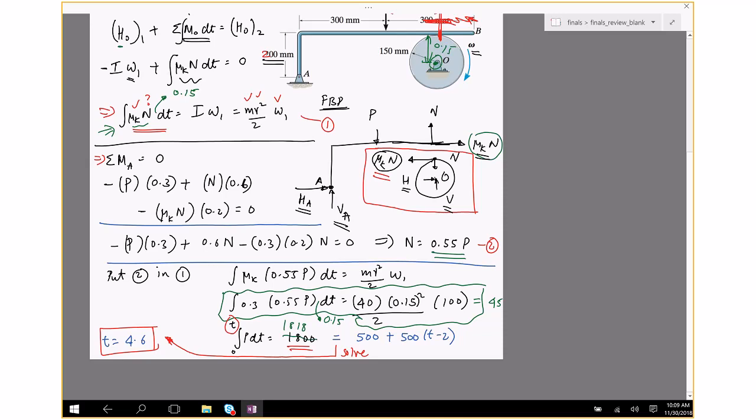It's very close, so the time will change slightly. 1818 minus 500... Oh yeah, so 4.63. Yeah, so there was an error with my moment.